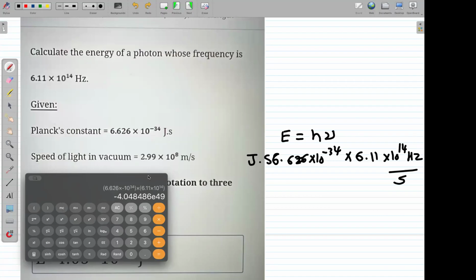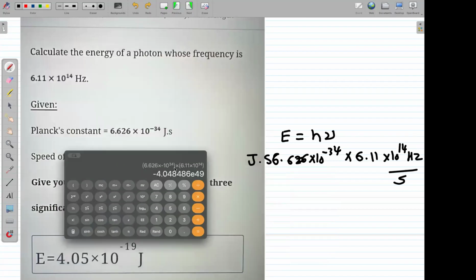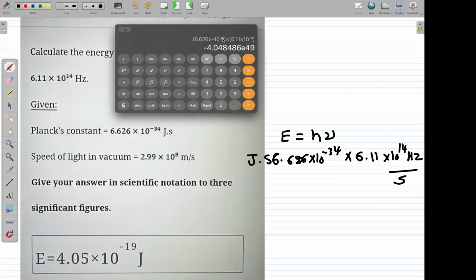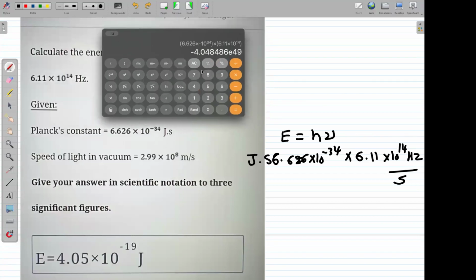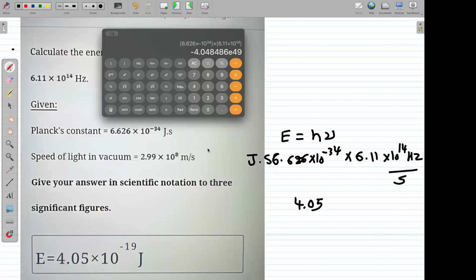The answer here is 4.048 times 10 to the power of negative 19. Hertz and joule per second, and it will be in joule because this one will cancel with this one. I need three significant figures, so I will use 4.05 and write it like that.